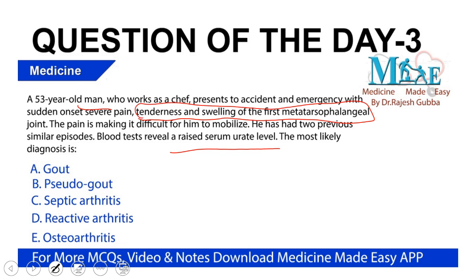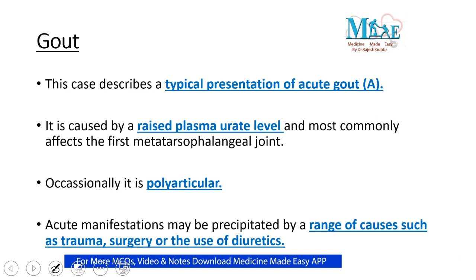That itself will give us a clue that it is gouty arthritis, right? Now, how to rule out the other options? And the other point in favor of gouty arthritis is raised urate levels. That is another point which favors gouty arthritis. Now, how do you rule out the other options? Now, let me discuss that.